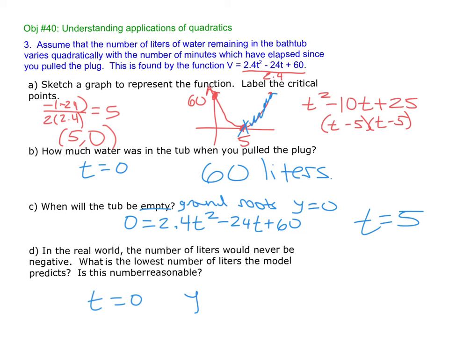I would say yes. This thing goes negative past 60. We just have to ignore the fact that t is not going to go negative. And if t is greater than 5, we're no longer emptying anything, we're filling it again, right? So that's, I guess, what that would be.